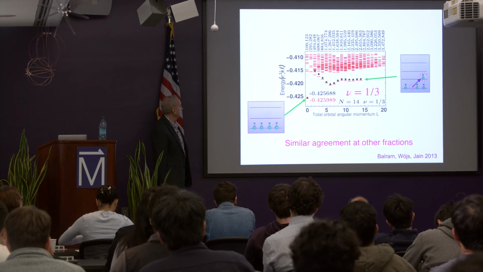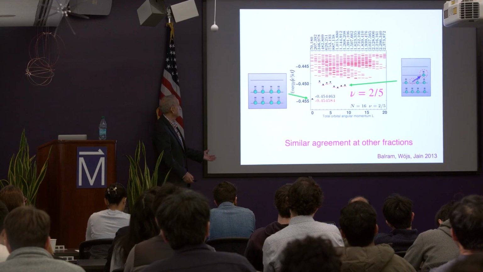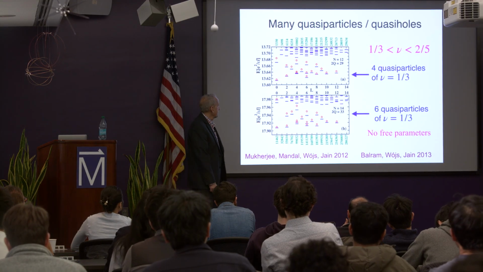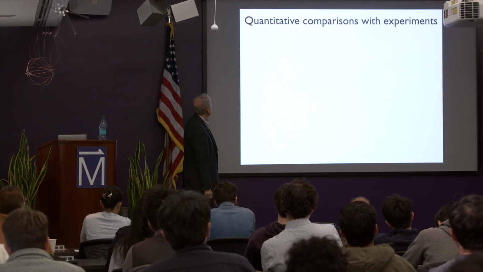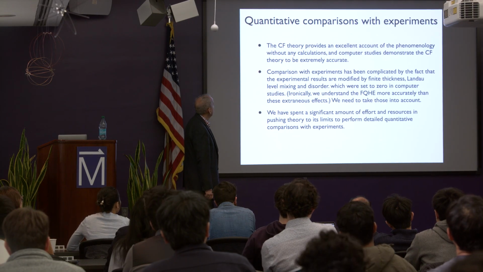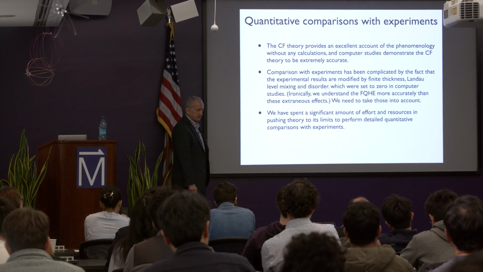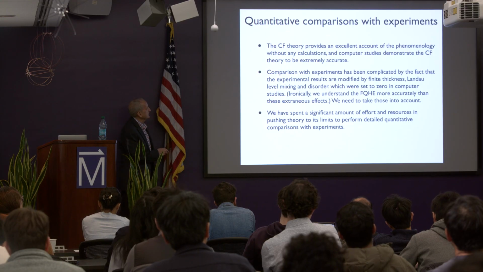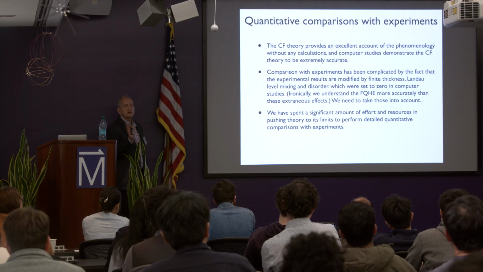And it works for 1/3, 2/5, etc. in between. Okay, so the theory provides an excellent account of the phenomenology without any calculations.